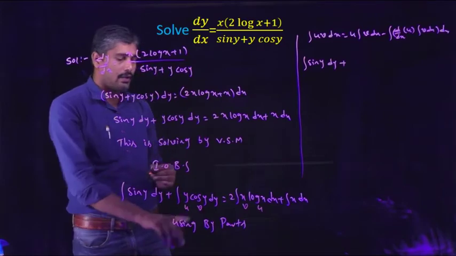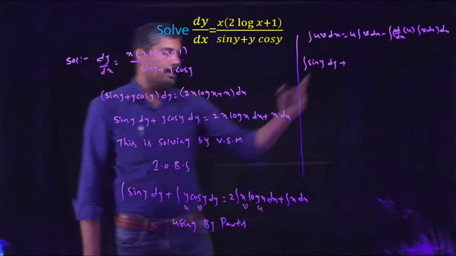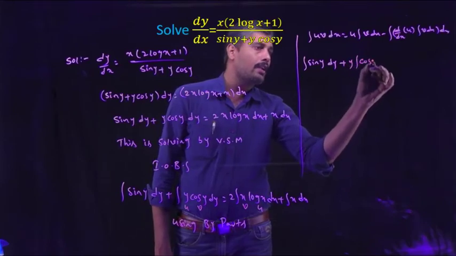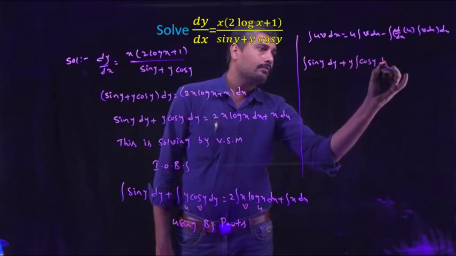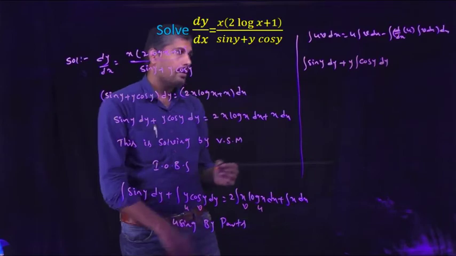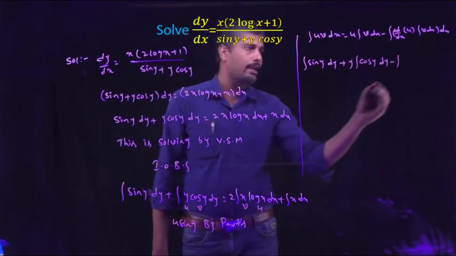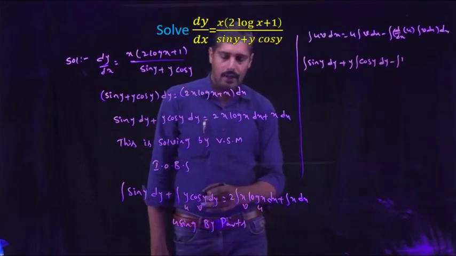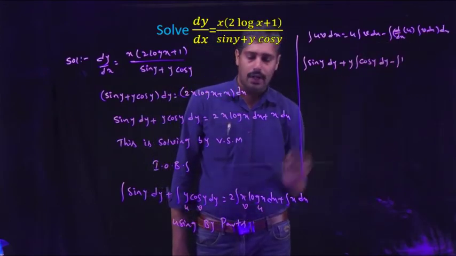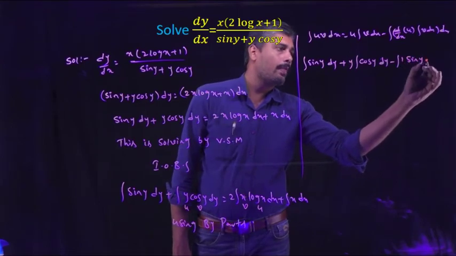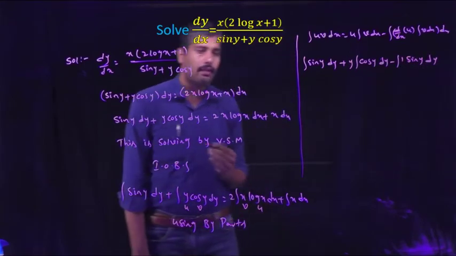Therefore, u into integral v dx, that is y into integral cos y dy, minus the derivative of y. With respect to y, we are differentiating y, which gives 1, times the integration of cos y. Integration of cos y is sin y, dy.